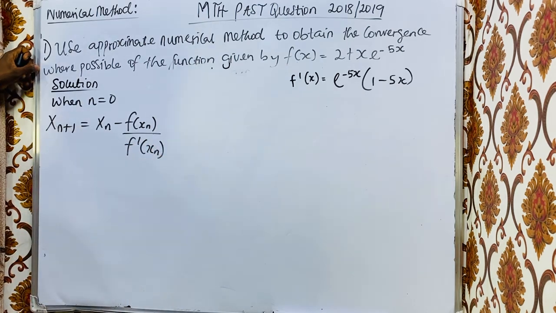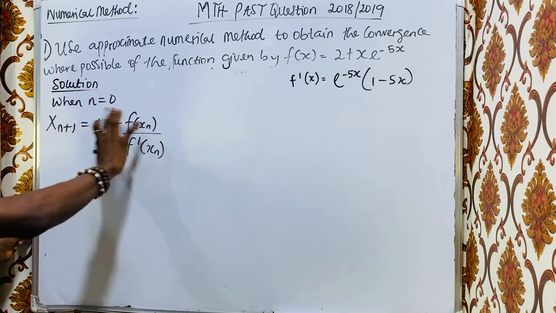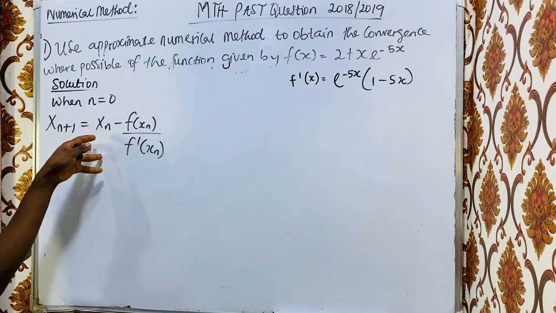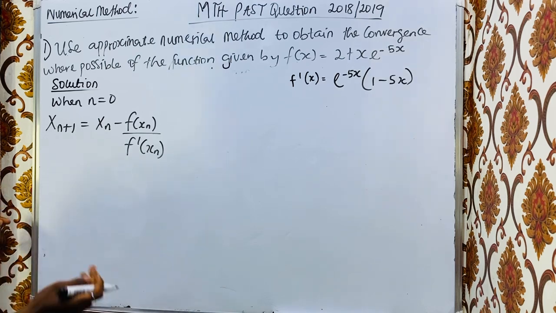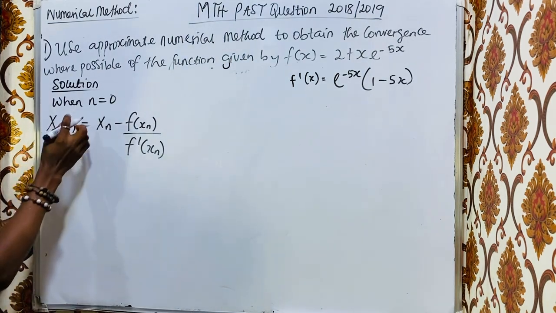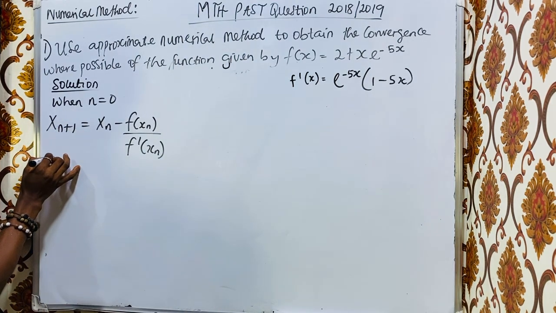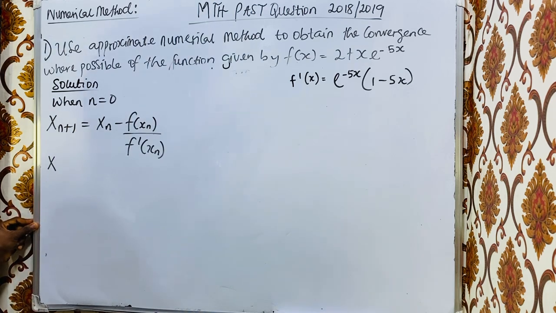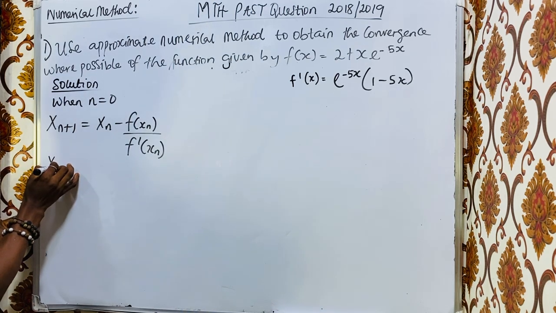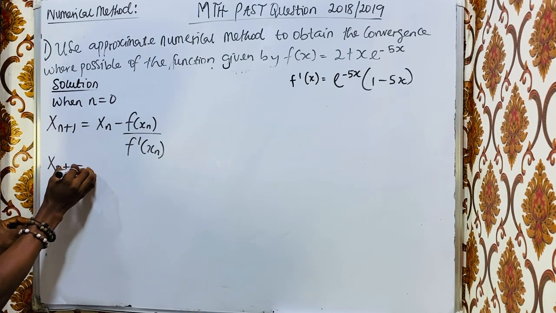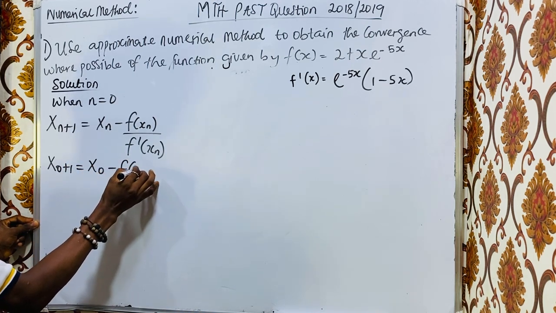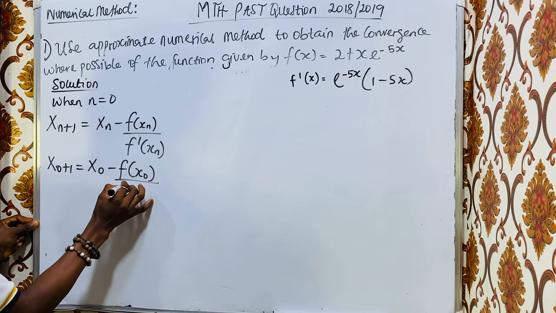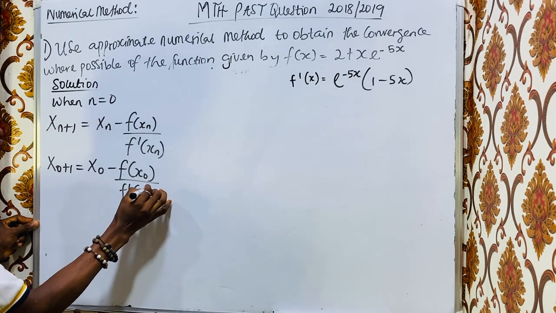I just wanted to solve it like that, but nevertheless, when n is 0, it will now be x0 plus 1 is equals to x0 minus f of x0 all over f prime of x0.